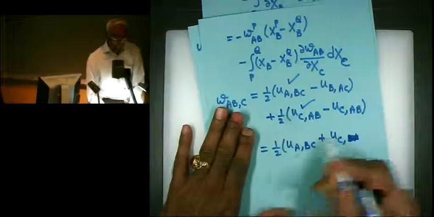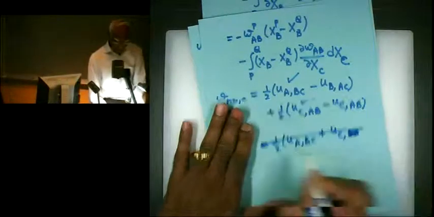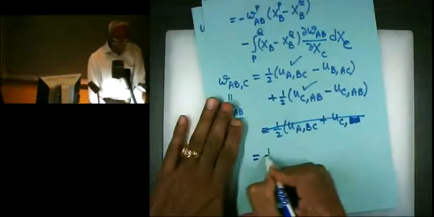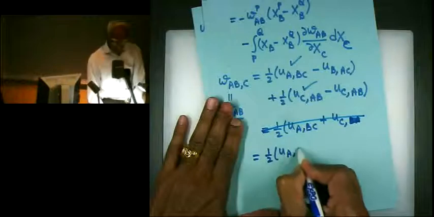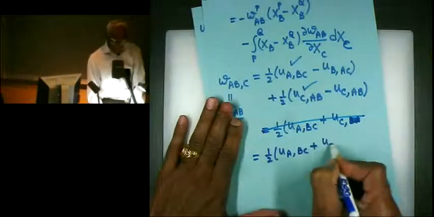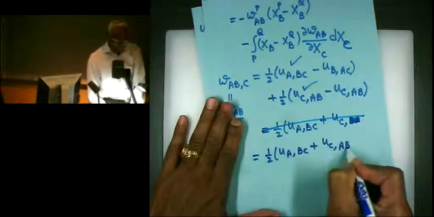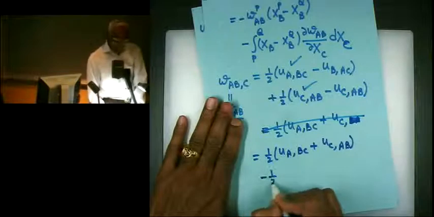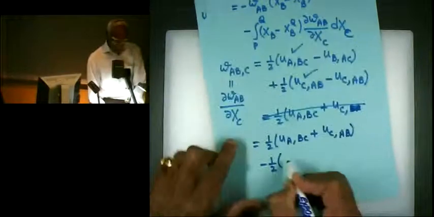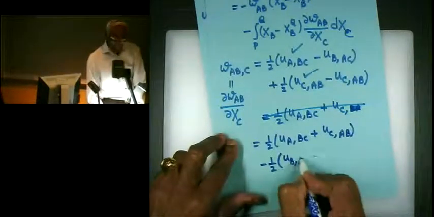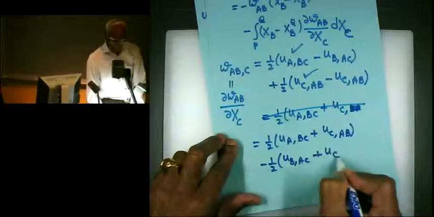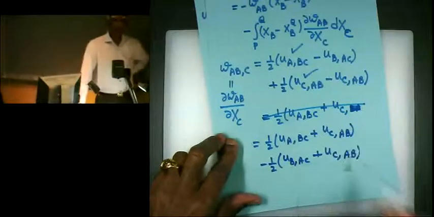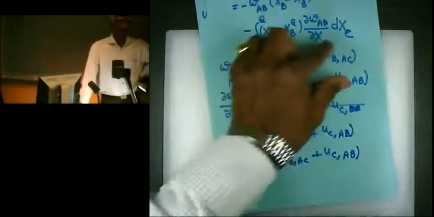So let me rewrite it. So I have 1/2 U_A,BC plus U_C,AB minus 1/2 U_B,AC plus U_C,AB. So I'm combining these two terms and I'm combining these two terms.